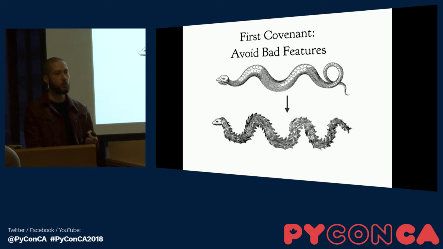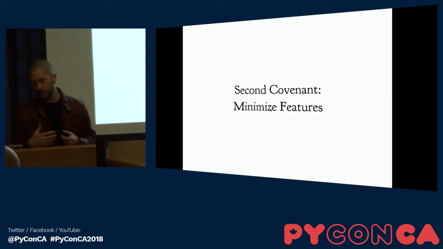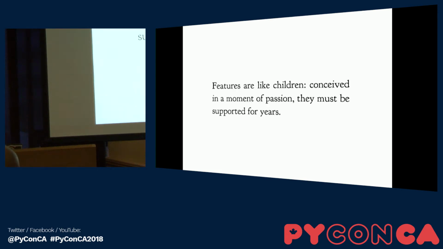We can avoid adding bad features by just adding few features, so this is the second of the 10 covenants: don't add a method or parameter or function without a good reason. You know, features are kind of like children, right? It only takes a moment, you're enthusiastic, but you have to support them for years. Think twice.